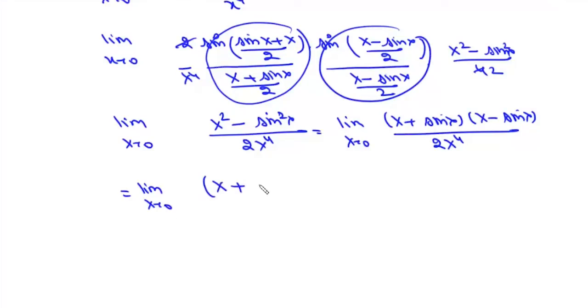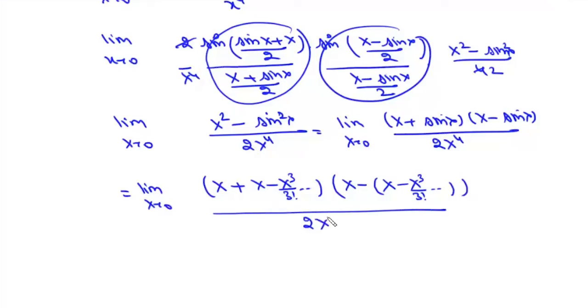Now this is x plus x minus x cube upon factorial 3, and here will be x minus x cube upon factorial 3 upon 2x to the power 4. Now here x and x will cancel, minus and minus will be plus.